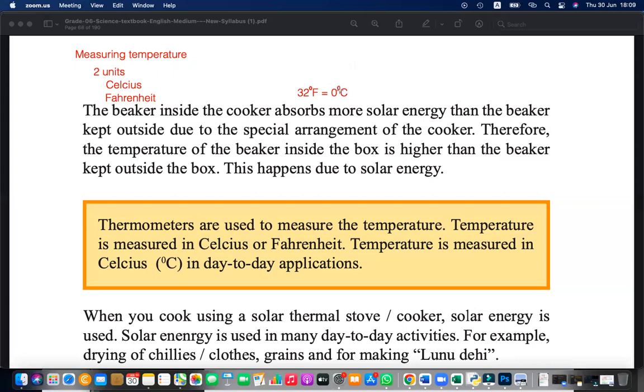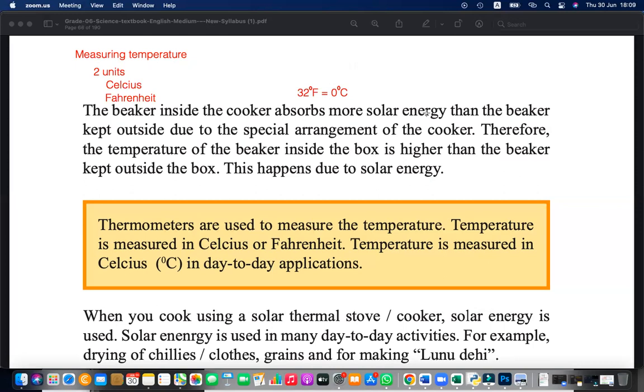This is how you write Fahrenheit and Celsius: degrees. 0 degrees Celsius, 32 degrees Fahrenheit.